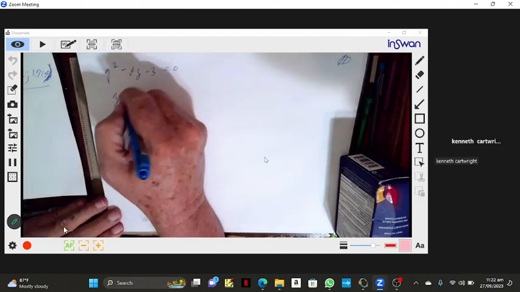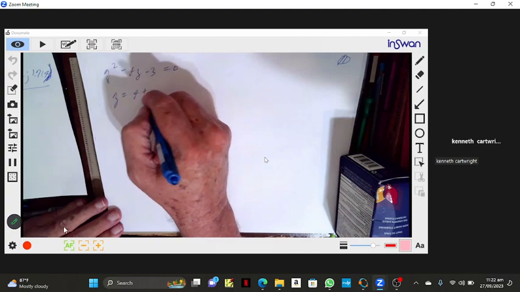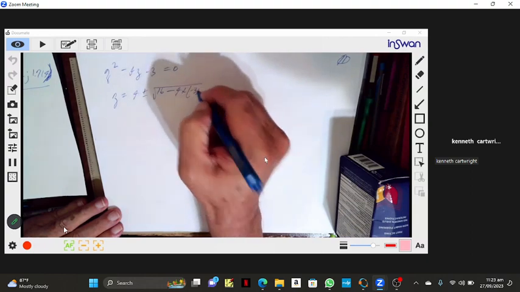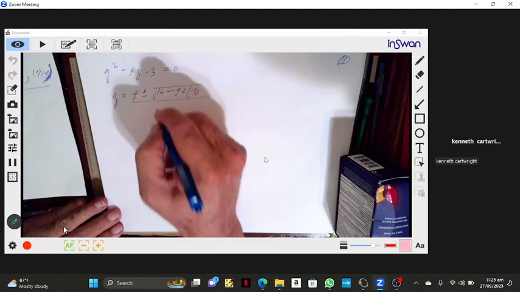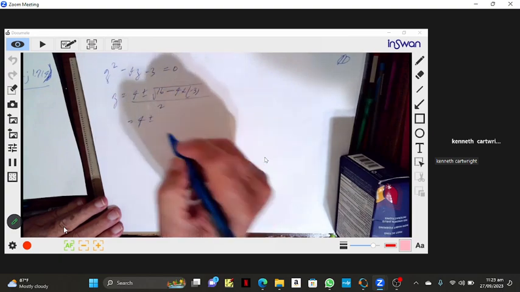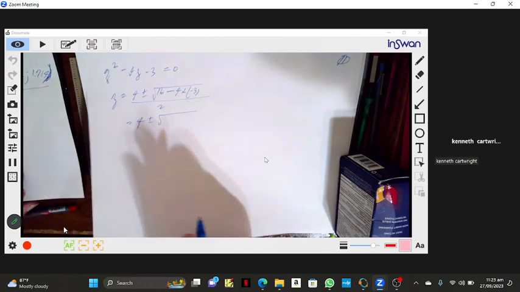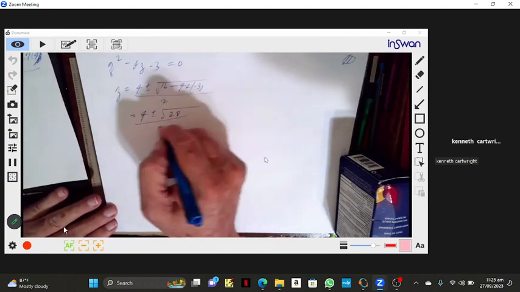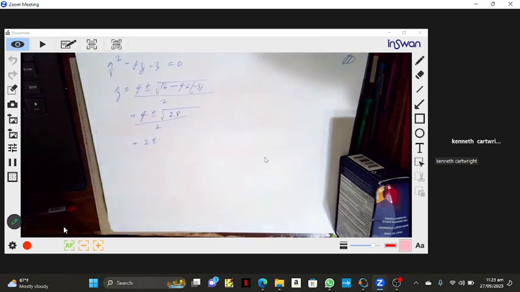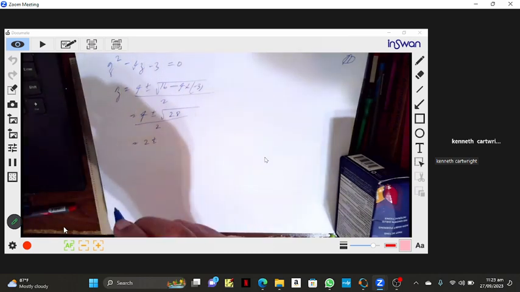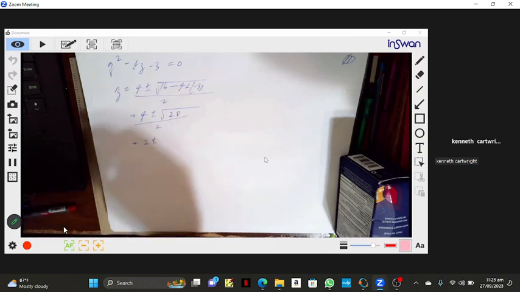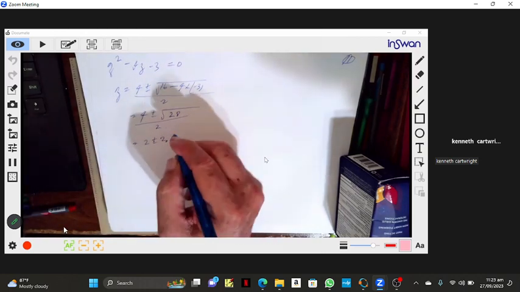So z is equal to 4 plus or minus the square root of 16 minus 4 times negative 3, all over 2, right, which is 4 plus or minus the square root of 16 plus 12, 28, over 2, which is 2 plus or minus 2.646.